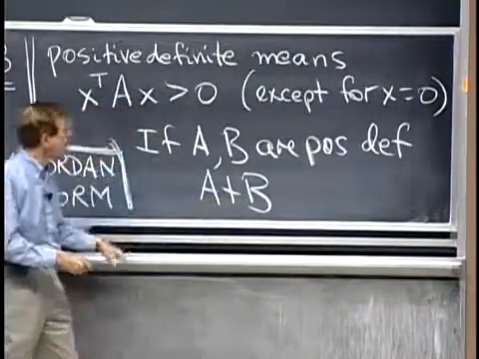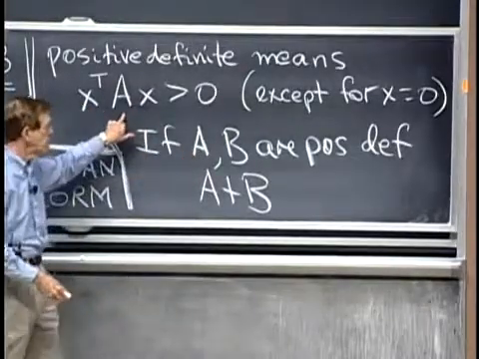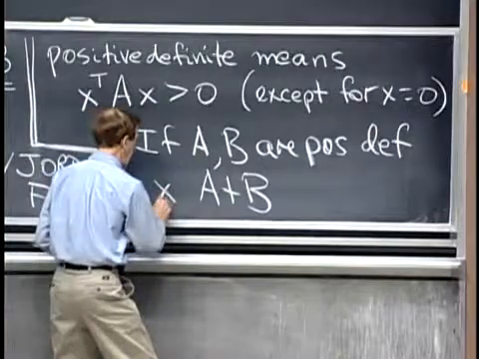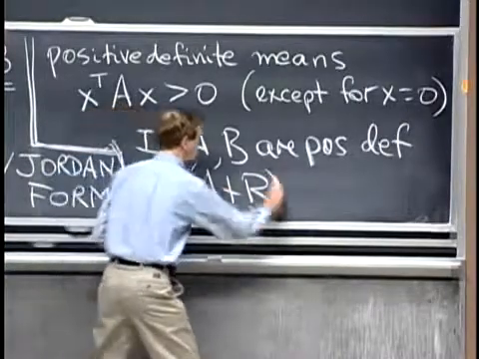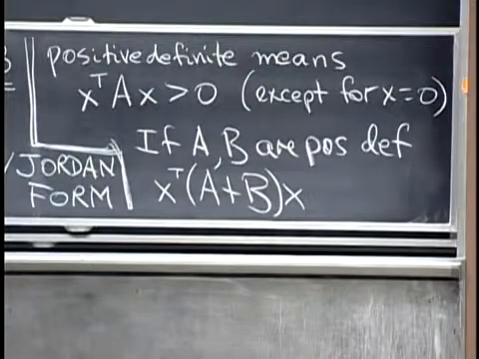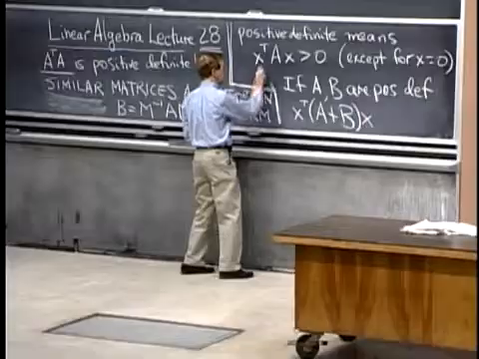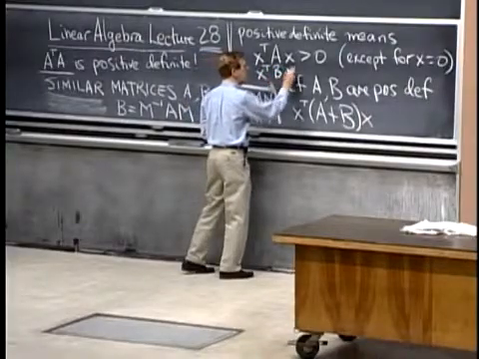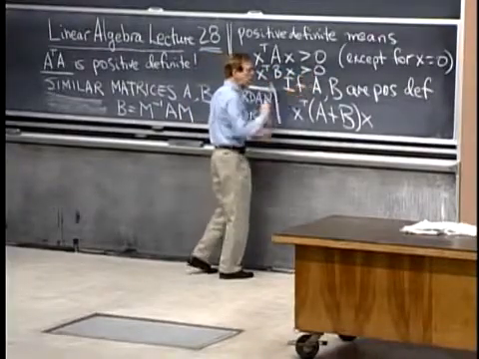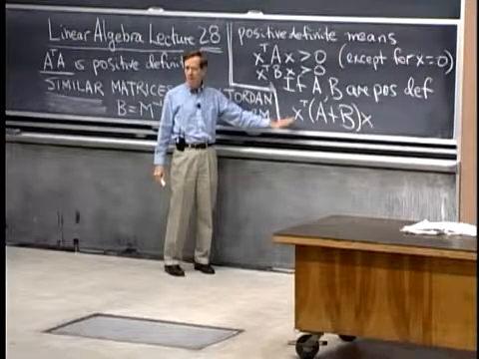How would we decide that? If A was like this and B was like this, then we would look at x transpose (A plus B) x. I'm sure this is in the homework. Now, we have x transpose Ax bigger than 0, x transpose Bx positive for all x. So now I ask you about this one.